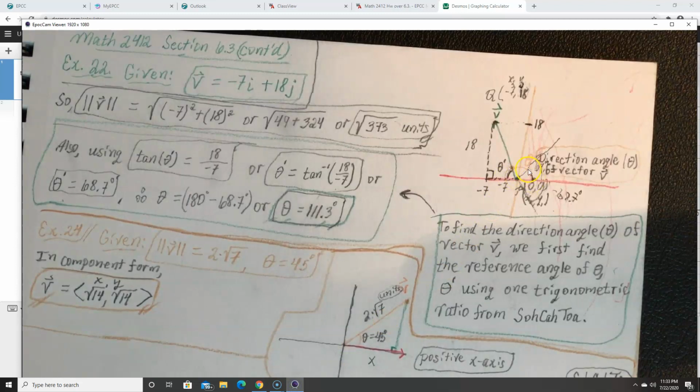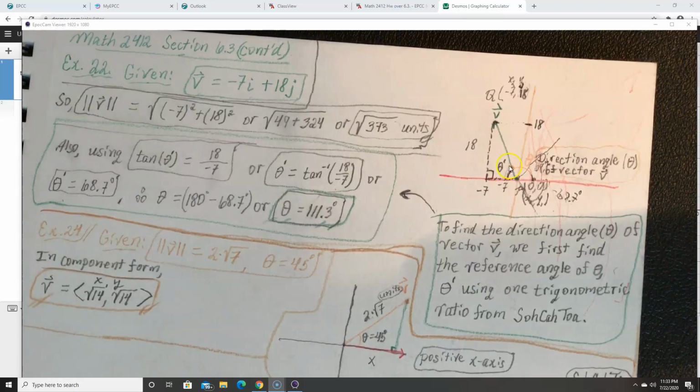That would be this one. But we don't want the one backwards in quadrant 4, and we don't want the one in quadrant 1. We're finding the reference angle right here in quadrant 2, but it's still the 68.7. So you just put that in there, 68.7. I hope that doesn't feel too uncomfortable.